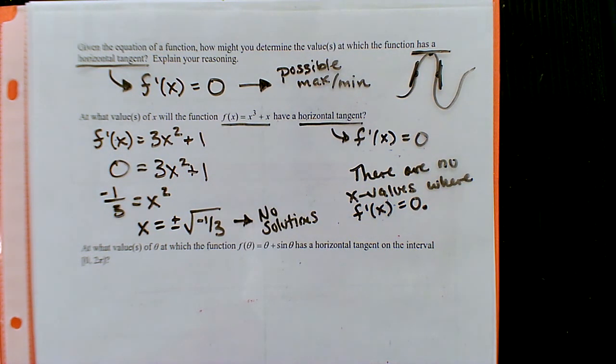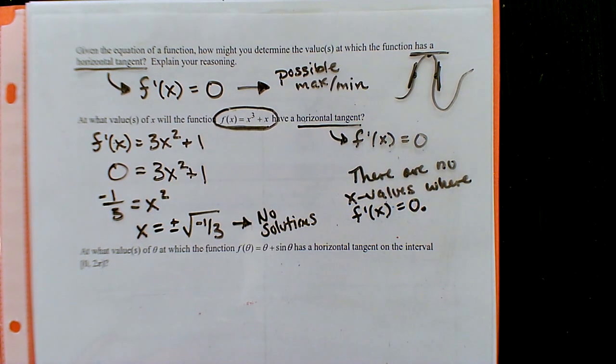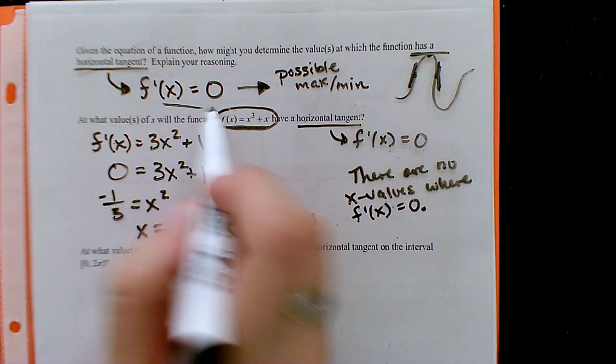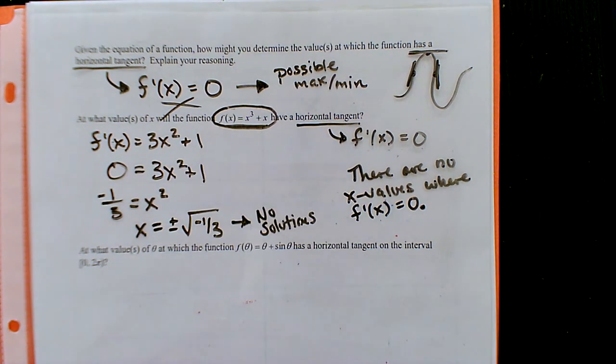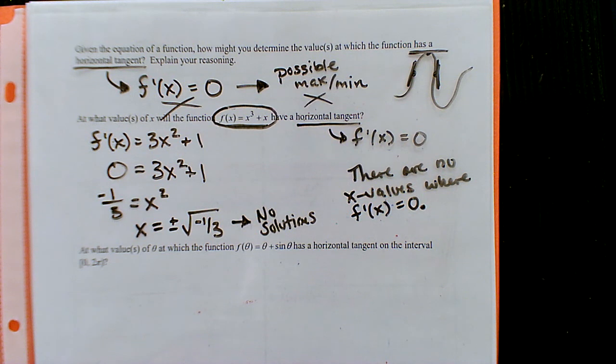So what's that telling you graphically about this original function? If there's not a single spot where you can draw a horizontal tangent line, what's going on with the graph? Does it make sense that there's none of those?